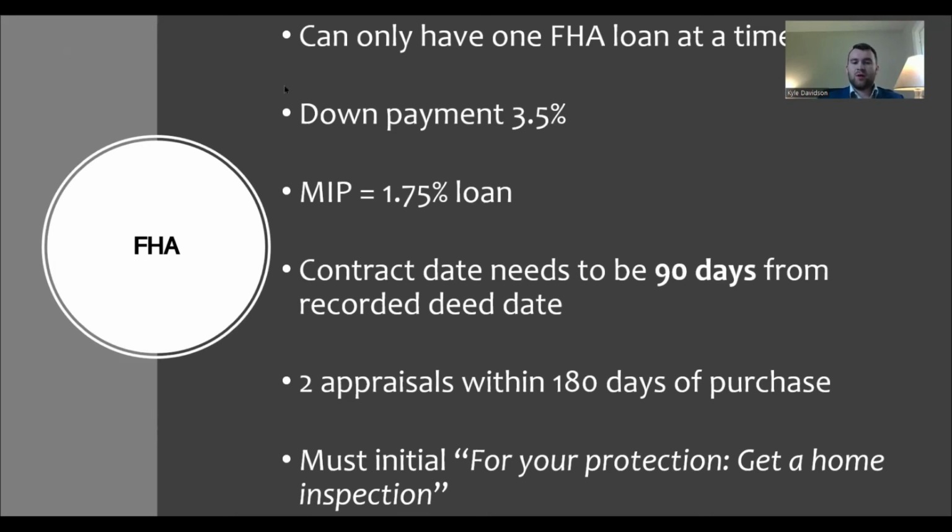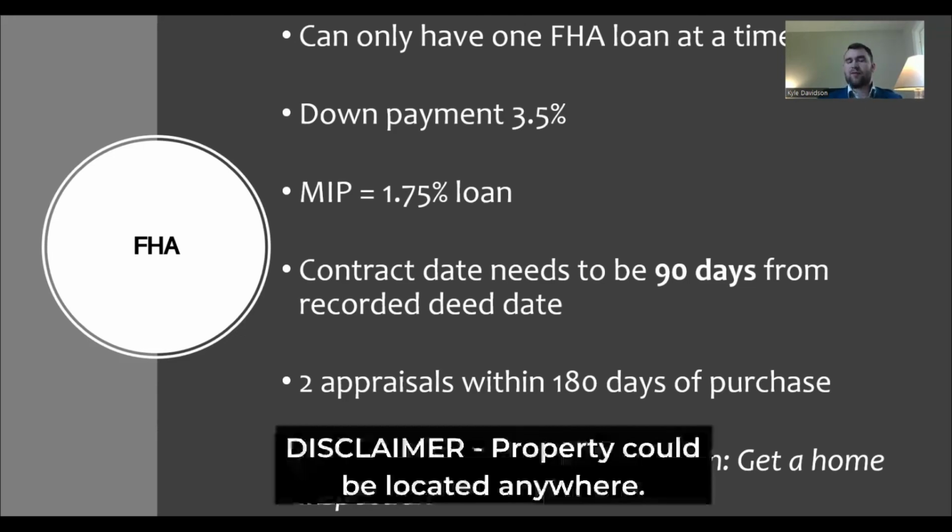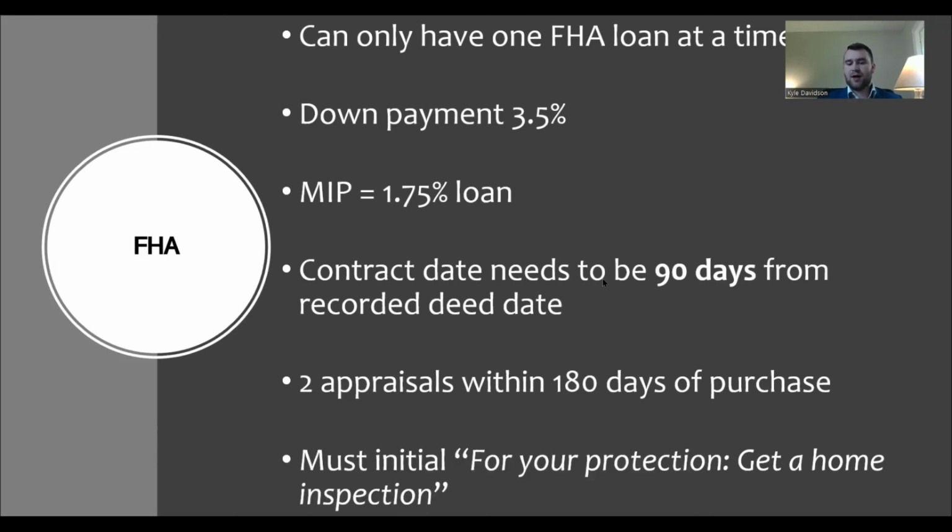So they'll require 2 appraisals if the house has sold within 180 days, and the new price is more than 100% of what the old sales price is. This is very common with fix and flips in Baltimore City. Somebody will buy something for $40,000, fix it up really quickly and try to sell it for 200. Then we will require the 2 appraisals there.